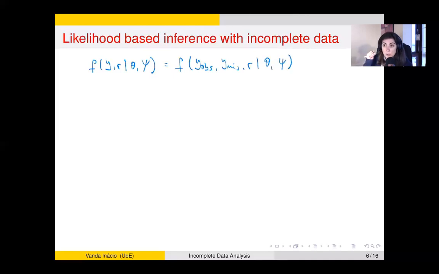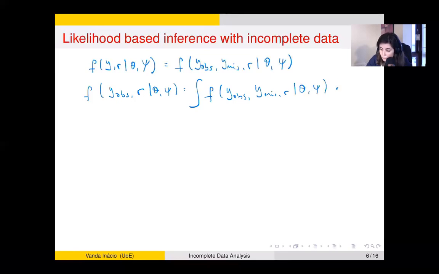And we have seen that if I want the marginal distribution for what I observed, the quantities that I observe, the y's for which the R_ij is equal to 1, and the missing data indicators, all I have to do is to integrate the joint model of the full data with respect to the missing values. And now let us bring to the game the selection model factorization.